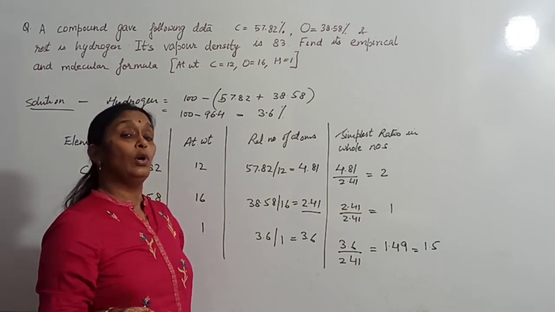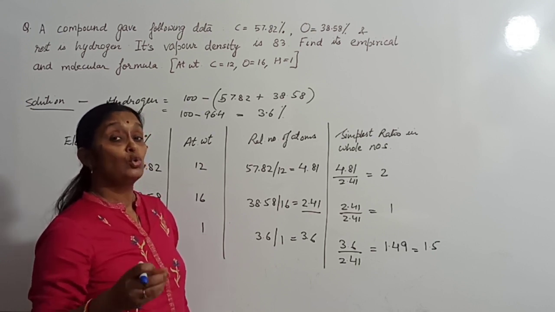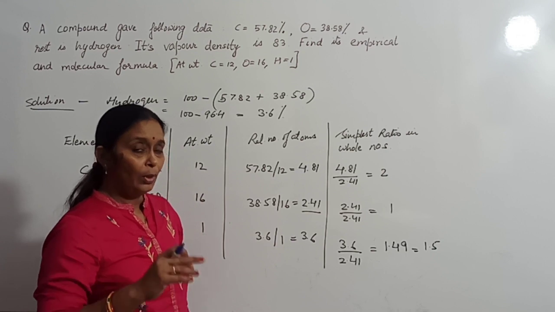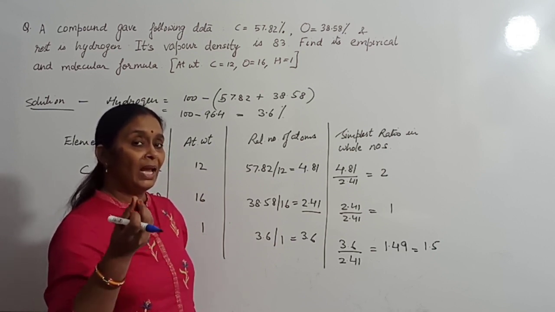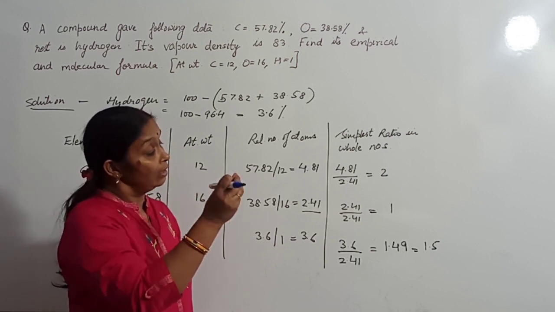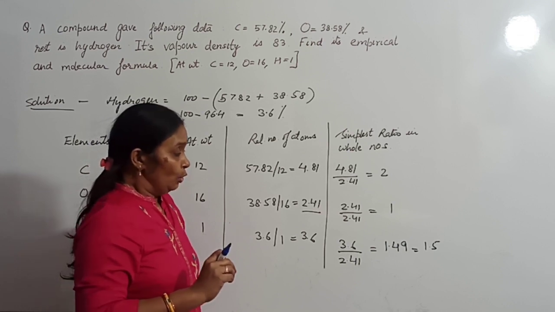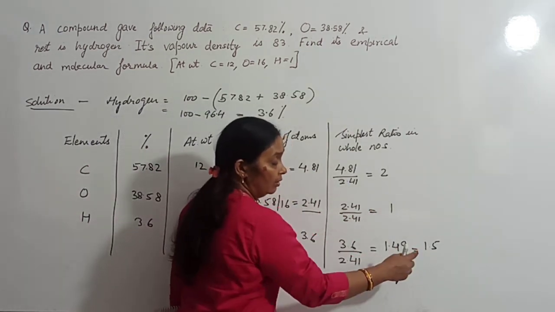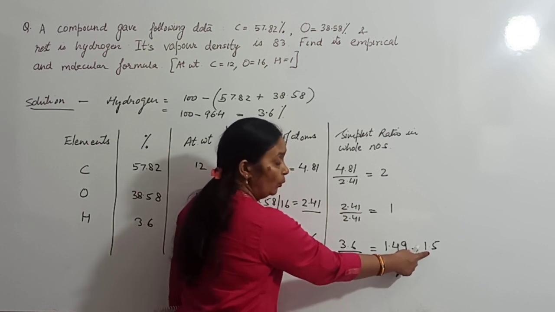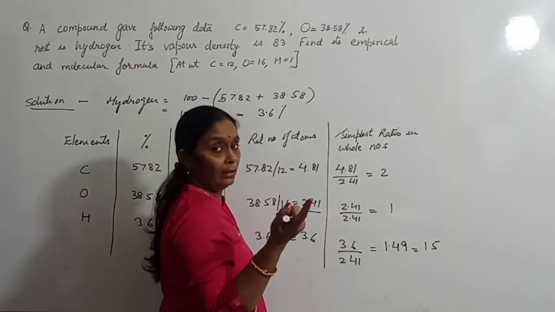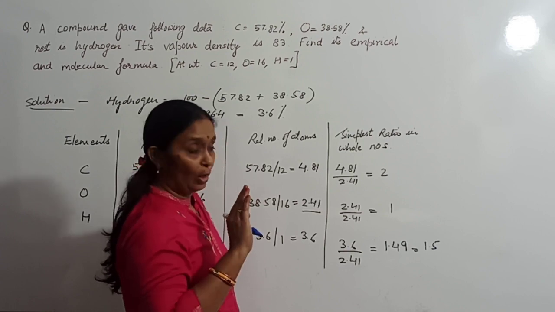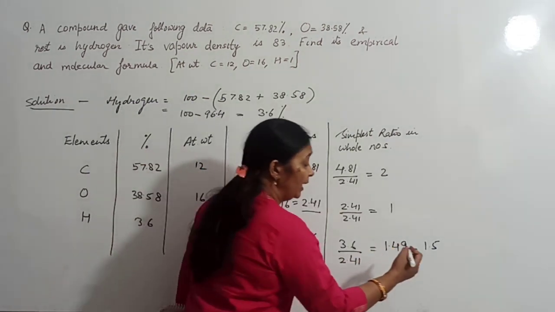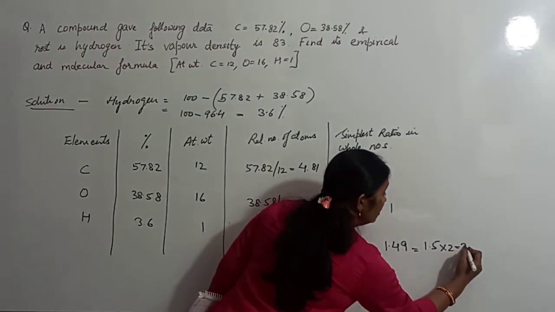You have to convert this 1.5 into a whole number. So we multiply it with the smallest number which can convert it into a whole number. If you multiply it by 1, 1.5 will remain 1.5, so you cannot multiply by 1. Multiply it by 2. On multiplying it by 2, you will get 3.